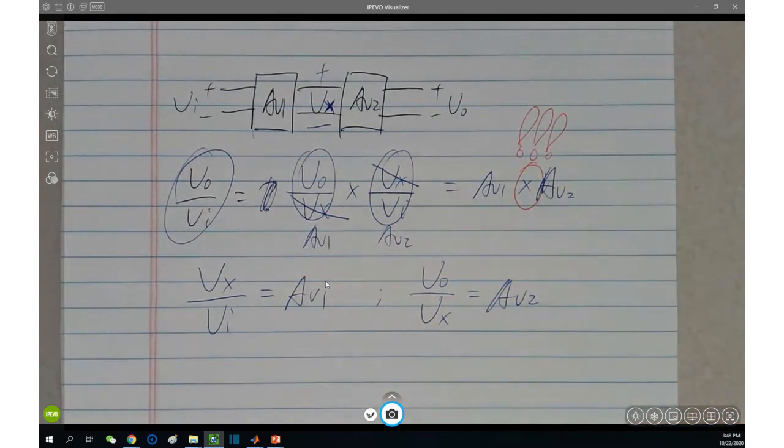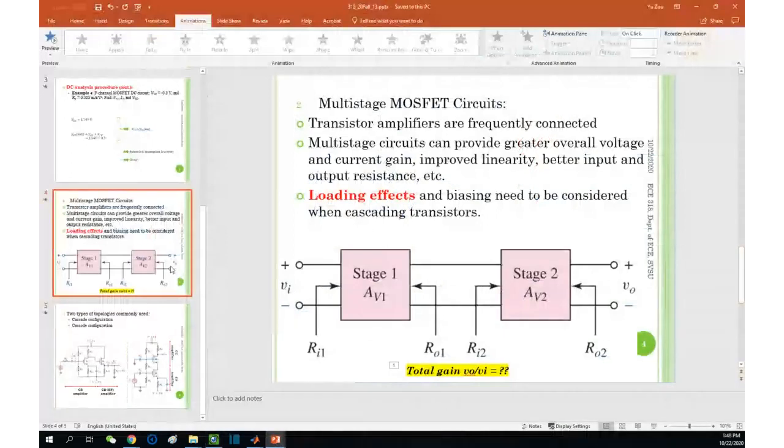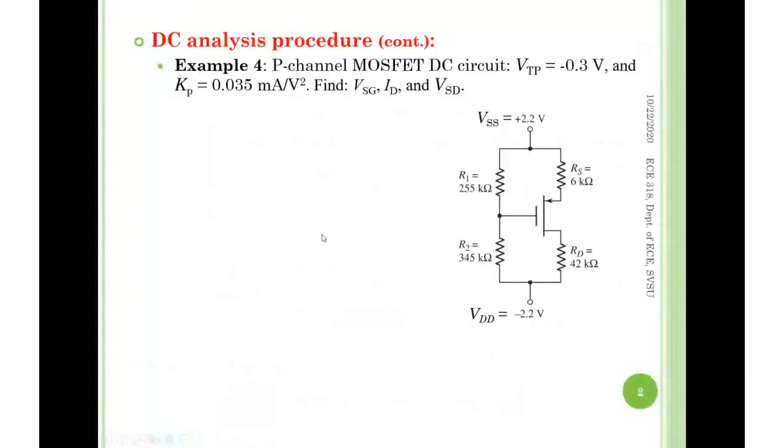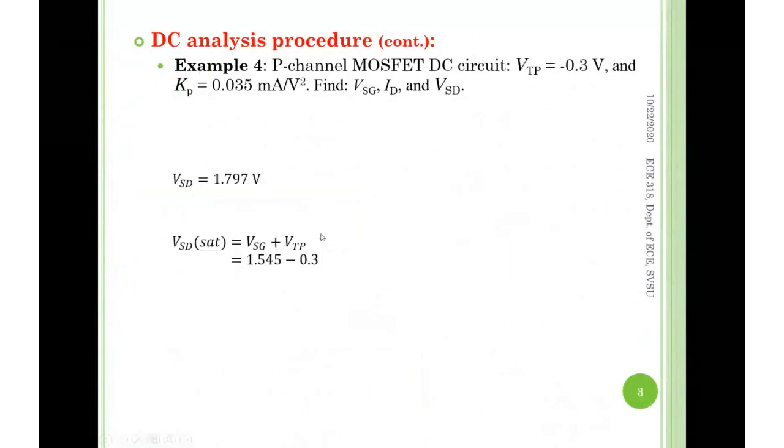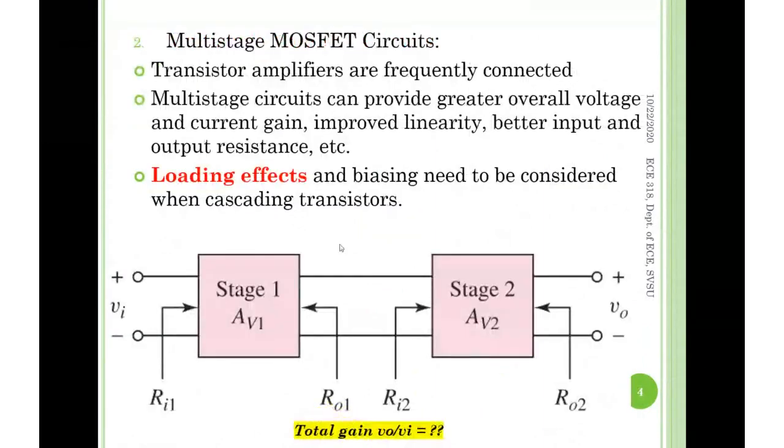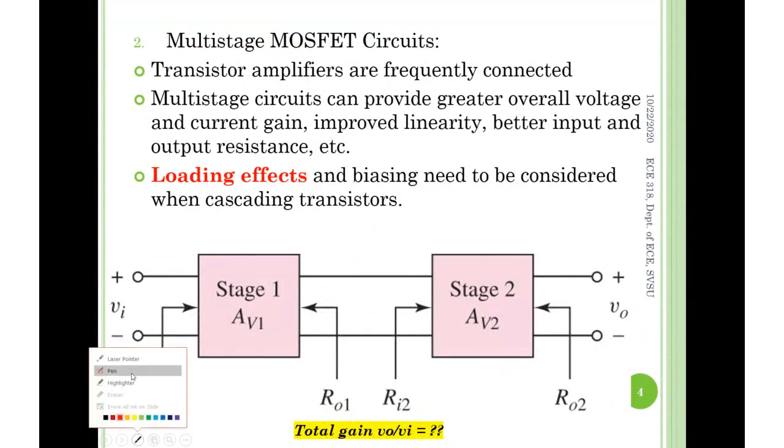Does it make sense? Yep, makes sense. All right, then we can move on to the next.